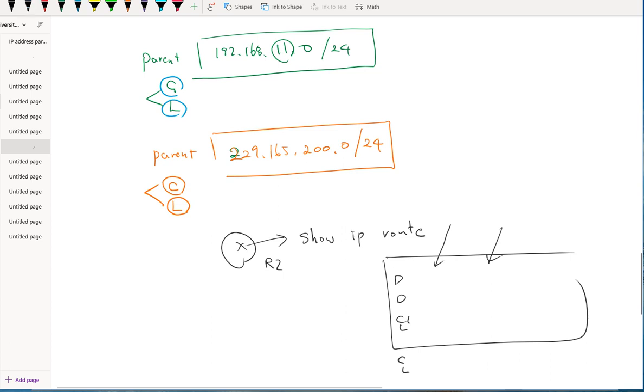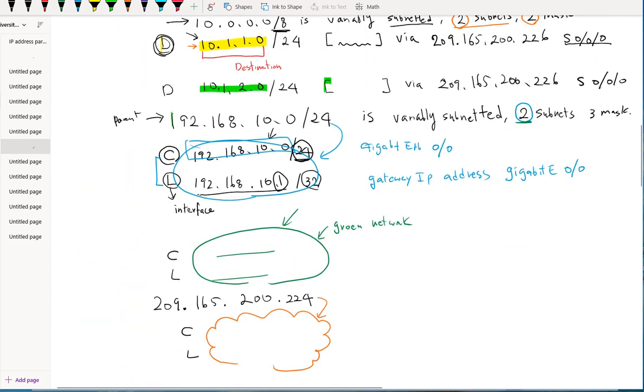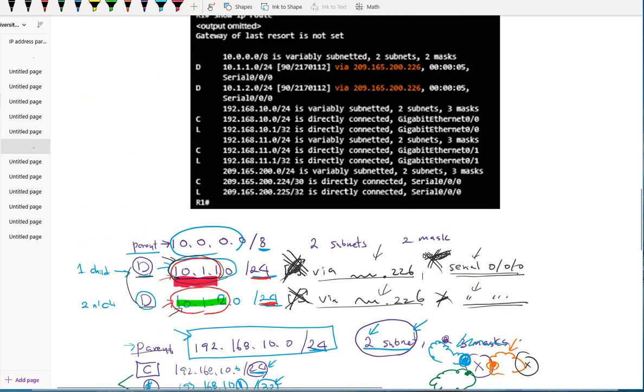And by the way, when you're drawing this routing table, don't worry about the metric values. Don't worry about the 00005 colon values, for example.